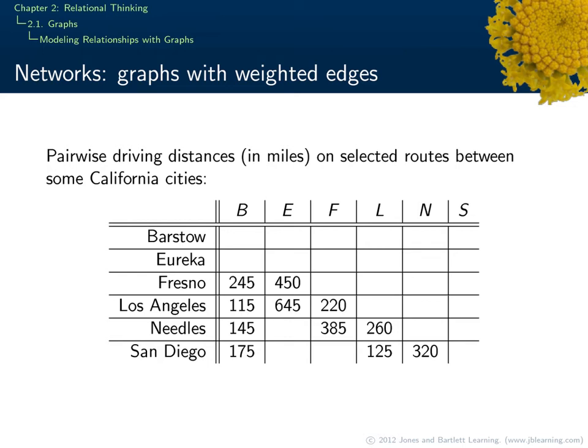So here on this slide, what you see is a mileage chart of California cities: Barstow, Eureka, Fresno, Los Angeles, Needles, and San Diego. The column headers, the B stands for Barstow, E for Eureka, F for Fresno, and so on and so forth. So here this mileage chart is partially filled in.